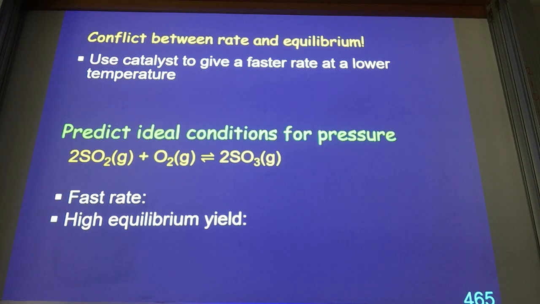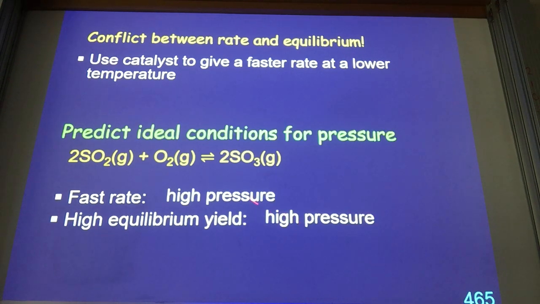What about for pressure? Rapid rate, always high pressure gives you a rapid rate. What about equilibrium yield? What sort of pressure is going to give us a good yield in this case? Well, we've got fewer particles on the right, so if we increase the pressure, it's going to want to go to the right.